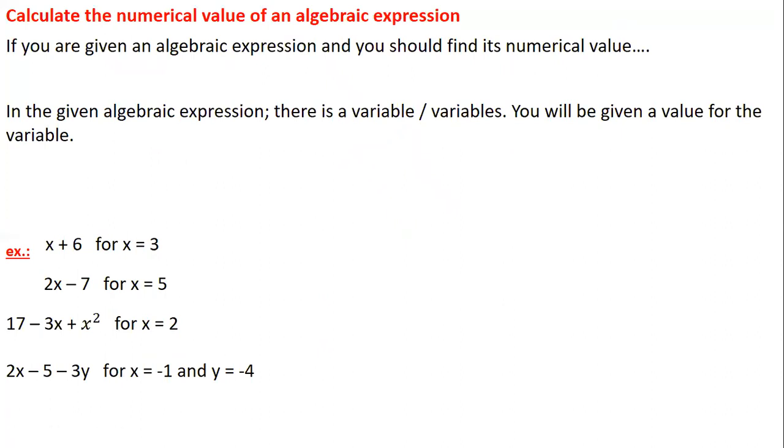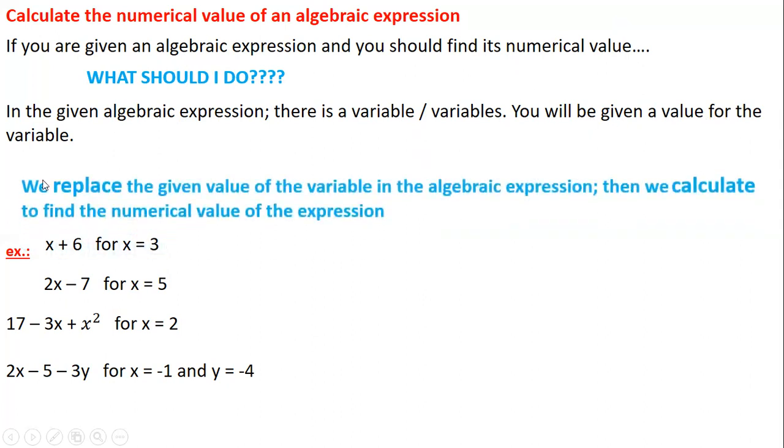Now, if you are given an algebraic expression, how do we calculate its numerical value? If we are given an algebraic expression and we should find its value in numbers, what should we do? In the given algebraic expression, there is a variable or many variables. You will be given a value for the variable.